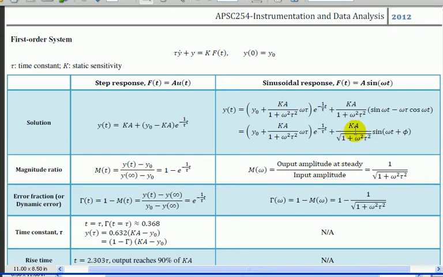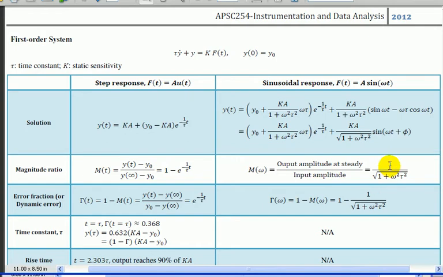This is your output amplitude at steady state, because this whole term will go to 0 as t goes to infinity, so it is not a steady state value. Your input amplitude is K multiplied by A. Your output amplitude at steady state is KA over this quantity.